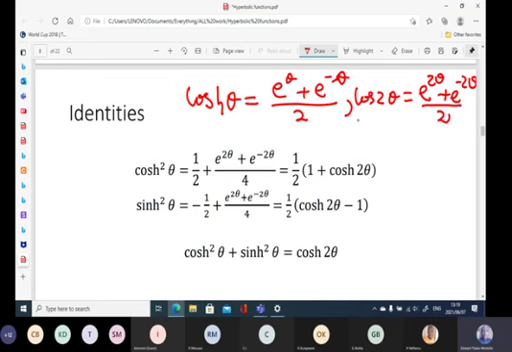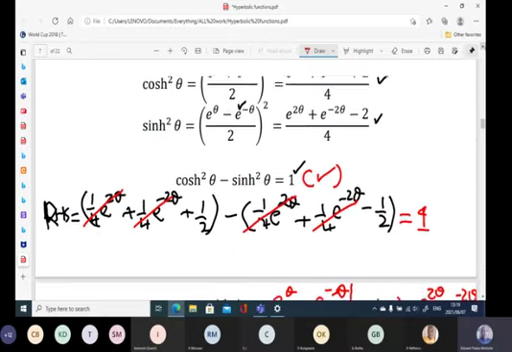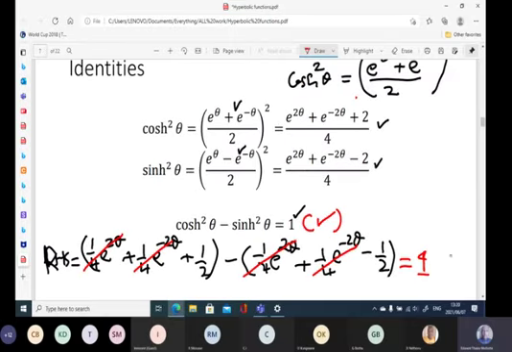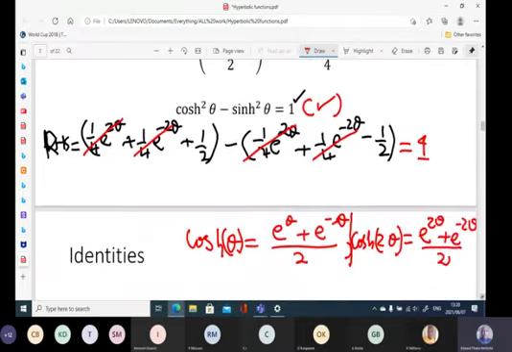So this will be cosh 2 theta. So we're just relating these two. Now, the reason I'm writing that is that we have just expanded cosh squared theta in the previous page. We're going to use the same thing here to prove on the next page.